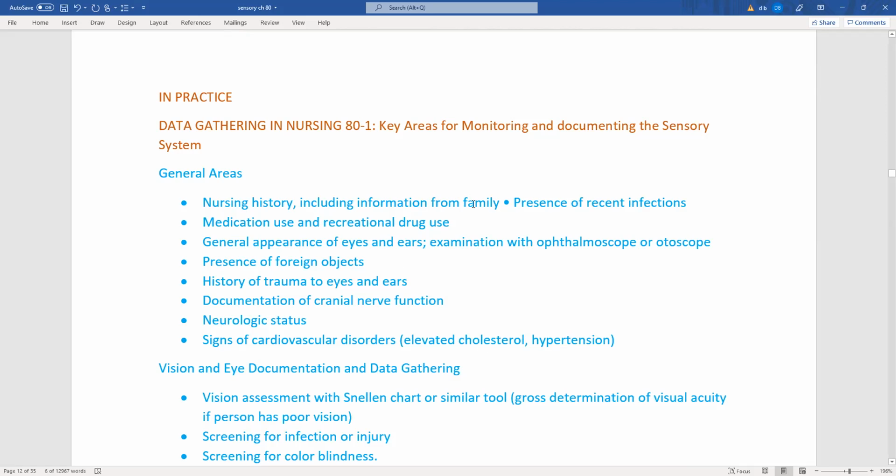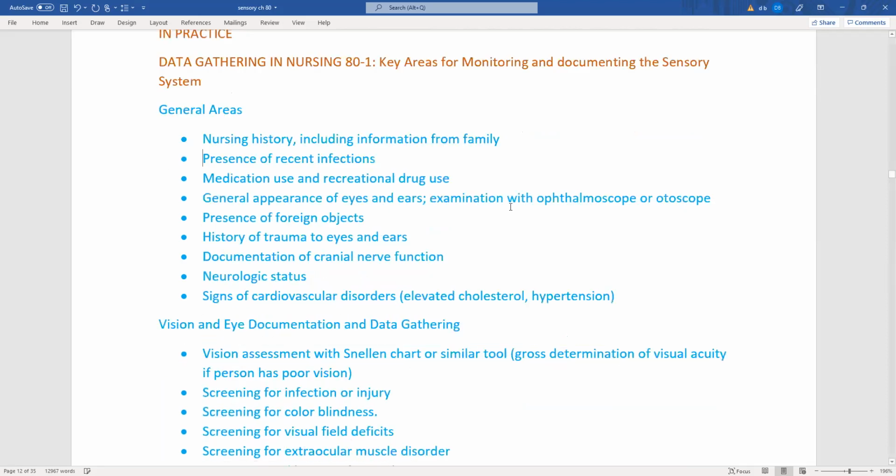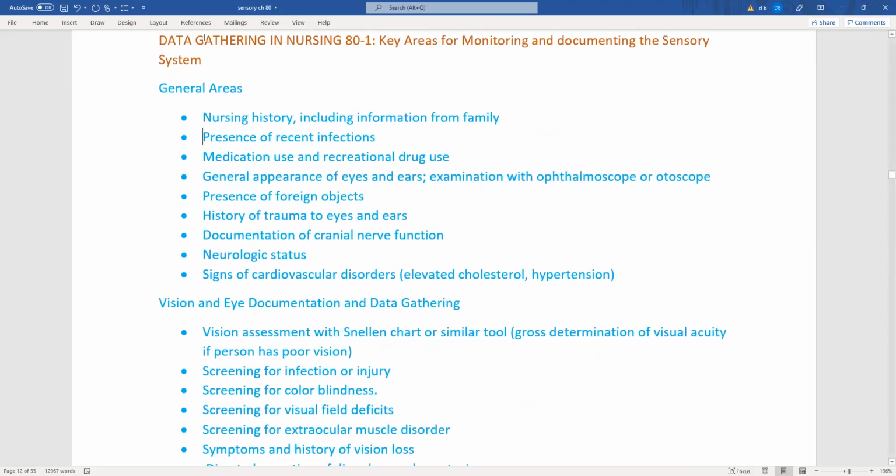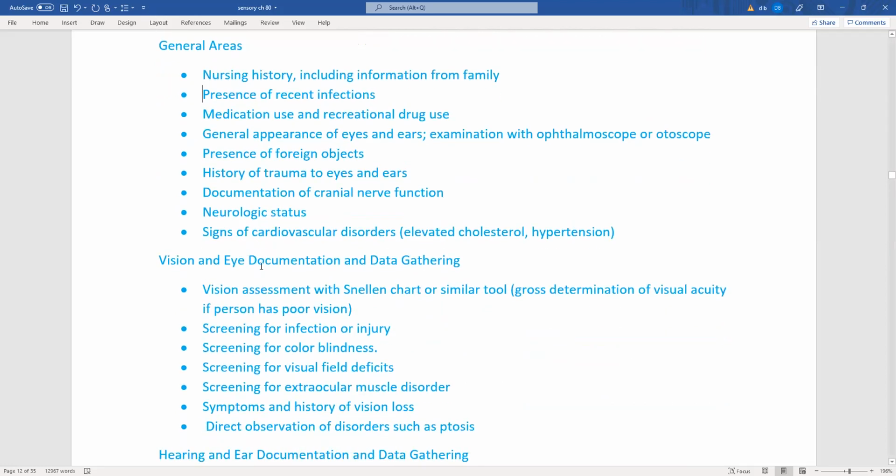You need to know all of that. So you need to ask the patient about any of that. Because that's what we do as nurses. We're gathering the data to find out about this patient's history and what's going on with their health.